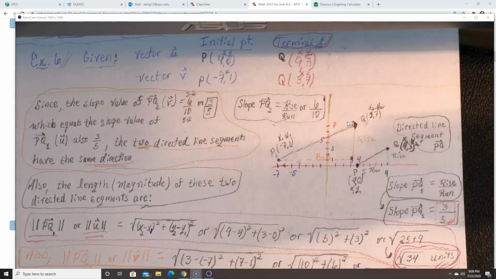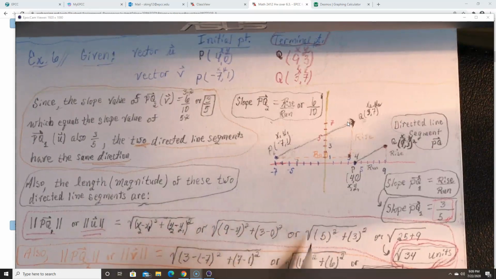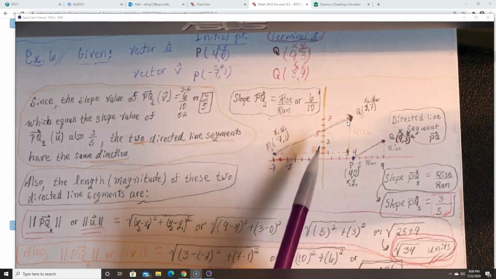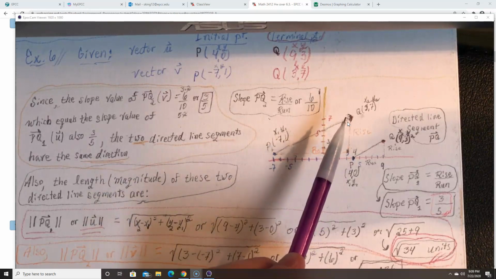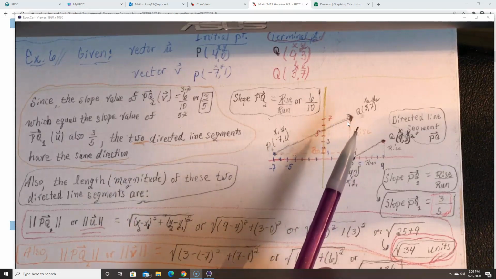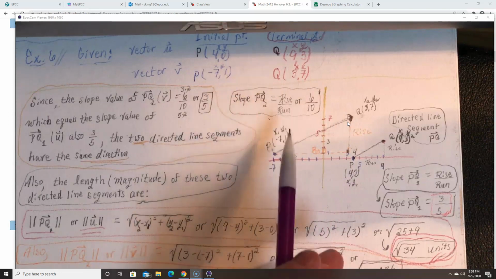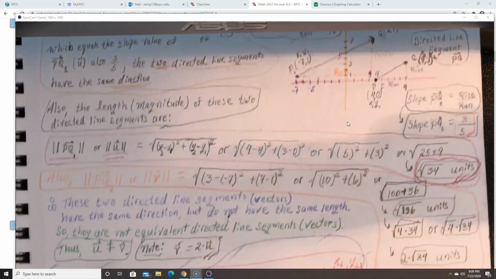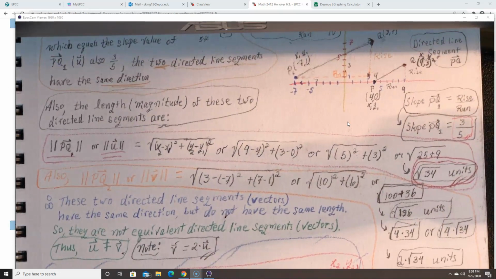Or we can use a formula. But we also need this magnitude, so let's do that. Right here, the magnitude of the directed line segment PQ, the second one, which is also called the vector V, so the magnitude of vector V, or the length.